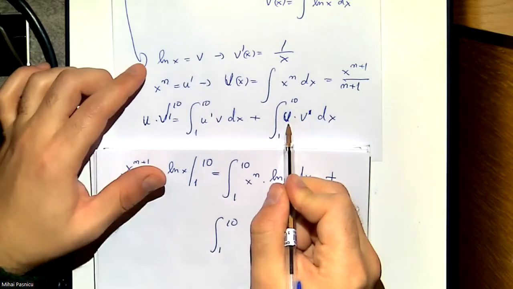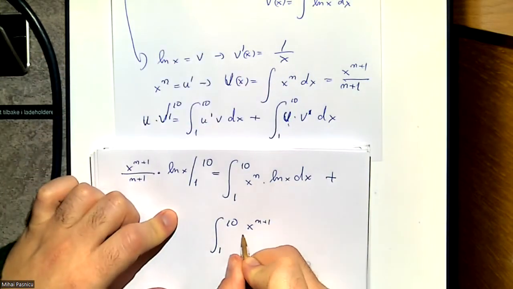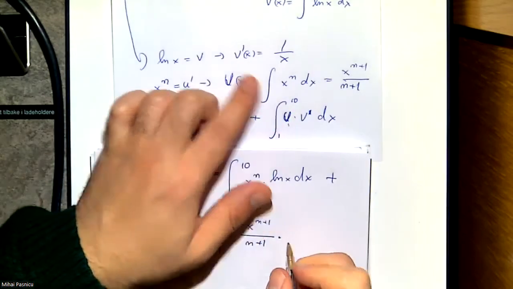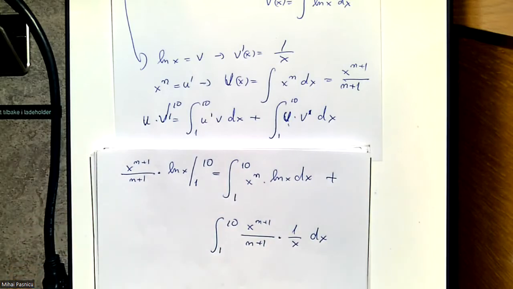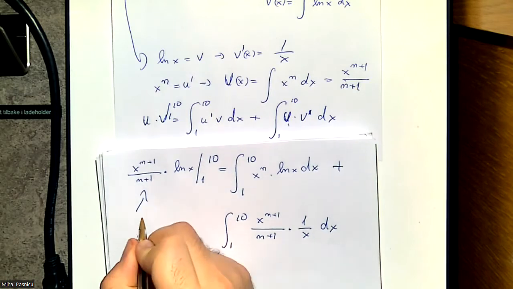I have u here, so I need to use this one, x^(n+1) over n+1, times v prime, 1 over x, dx. Okay, just apply integration by parts. And now hopefully you see why this choice of taking ln of x as the thing we don't differentiate makes everything so nice. So the left-hand side, this is done.